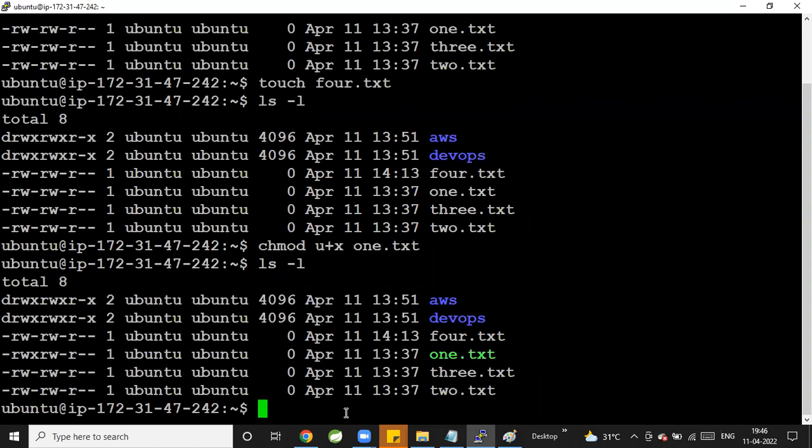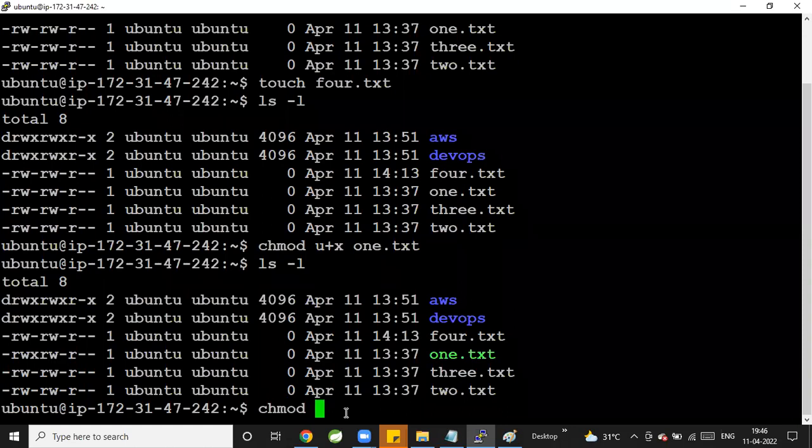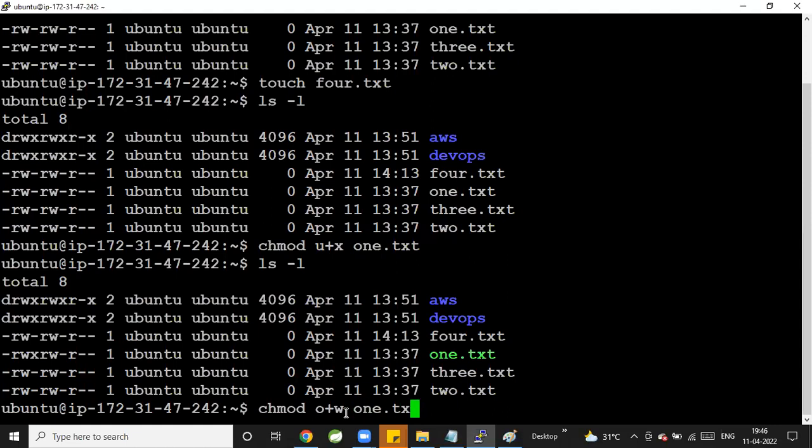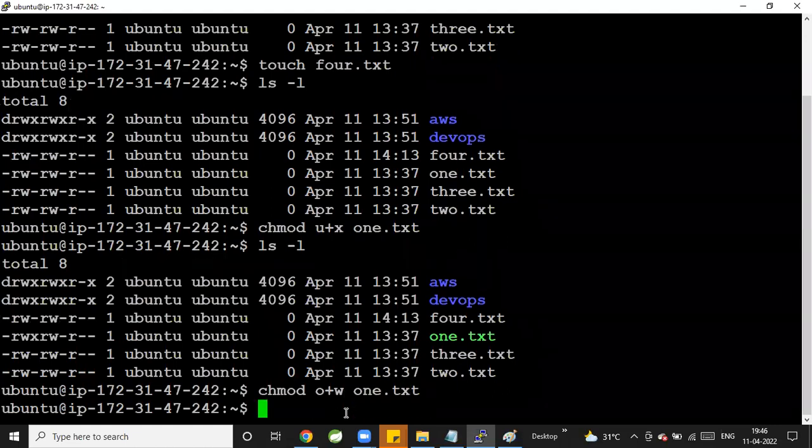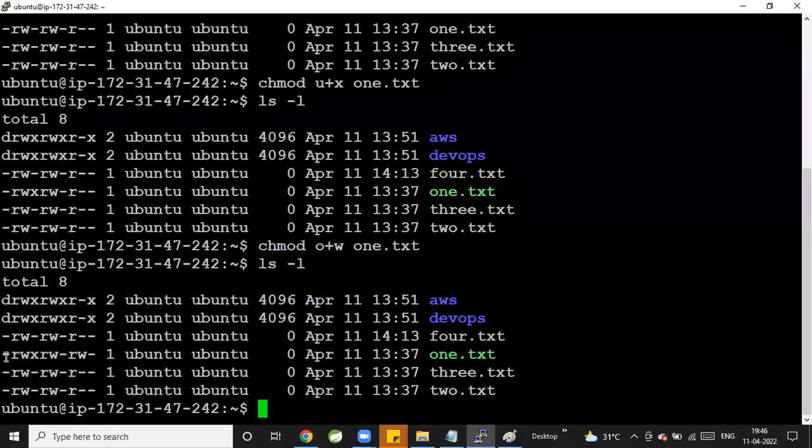For others, write permission: chmod, others means o, write permission means w, add o+w. Adding write permission for others for 1.txt. ls -l. Can you see 1.txt? Others are having write permission now.